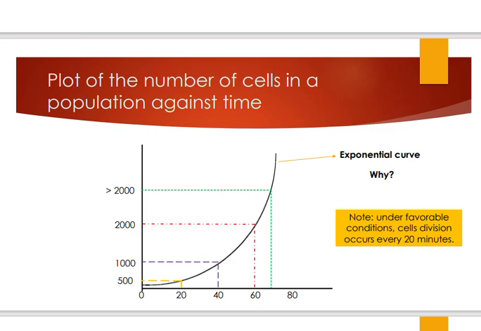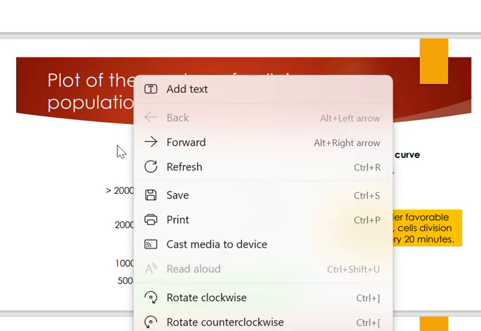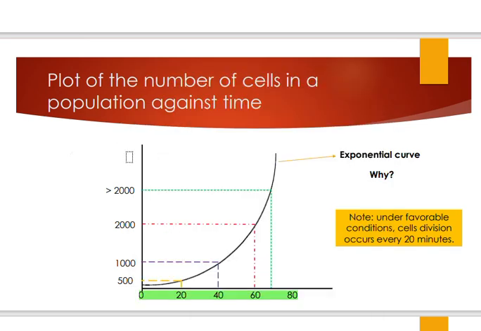So now let's see this figure here, which plots the number of cells in a population against time. The x-axis is the time, and then you have here the number of your microorganisms. This is in log form.